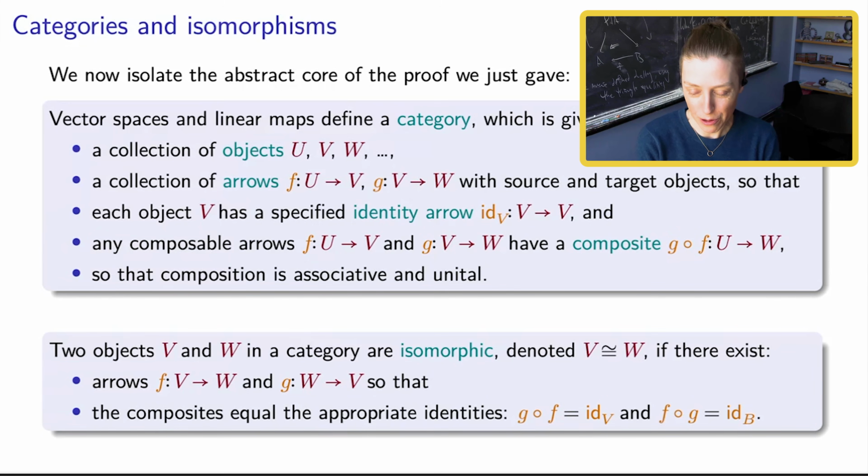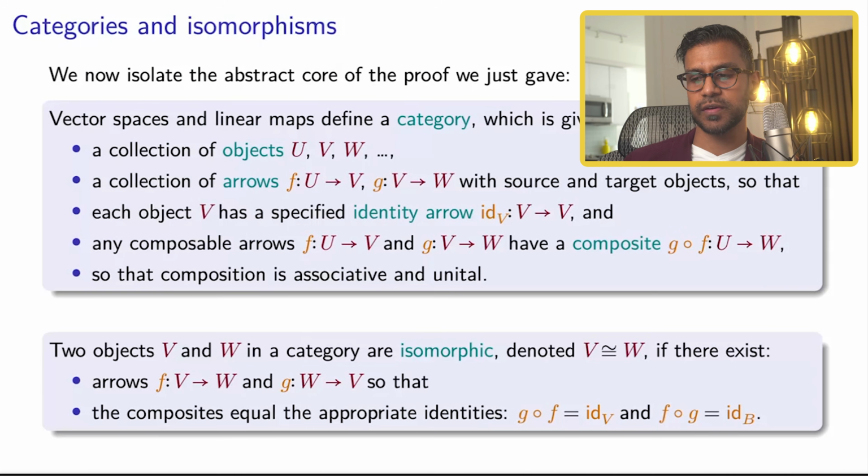So when I first do F and then do G, that's the identity on V, and when I first do G and then do F, that's the identity on W. So that's the notion of linear isomorphism that I was referring to there. I have linear maps in both directions between some vector spaces. When I compose the linear maps in either direction, I get the identity linear map.